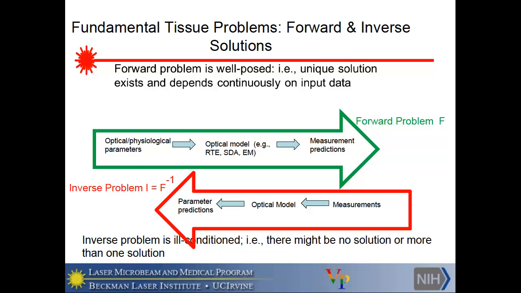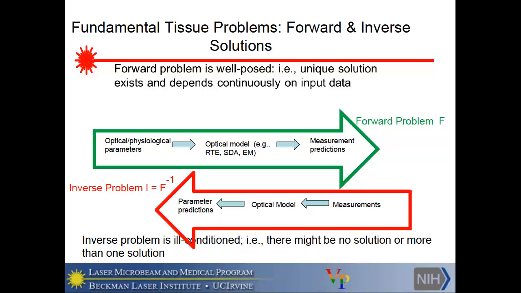The inverse problem, as I said a minute ago, is to go in the opposite direction. So you start with measurements, you have the same optical model, and you want to infer the parameters that drive the transport equation. You want to know what's going on under the surface of the skin.